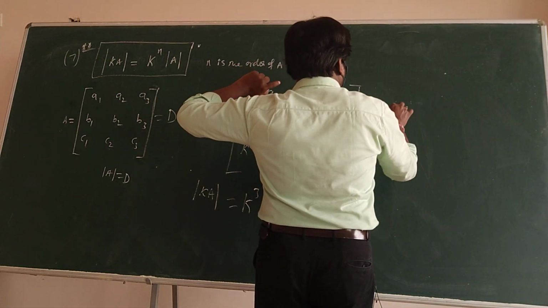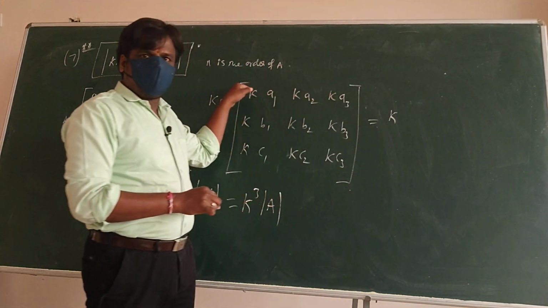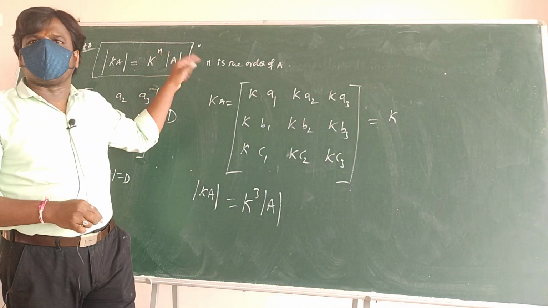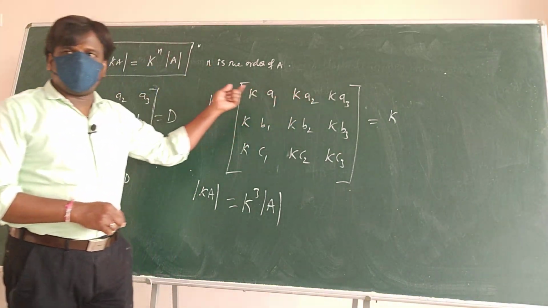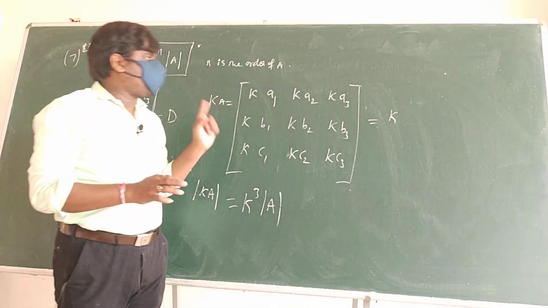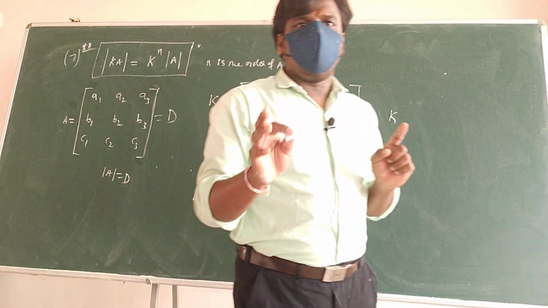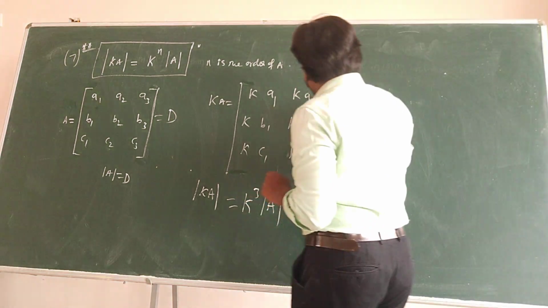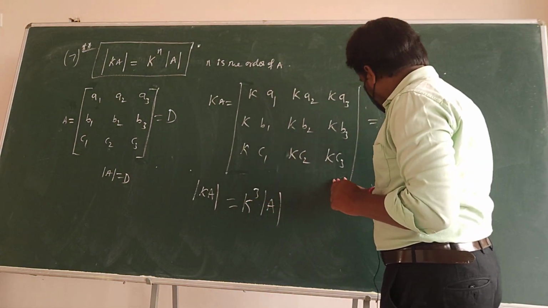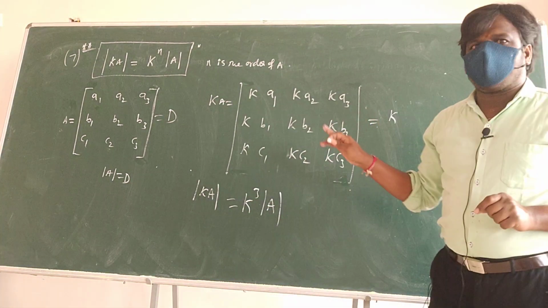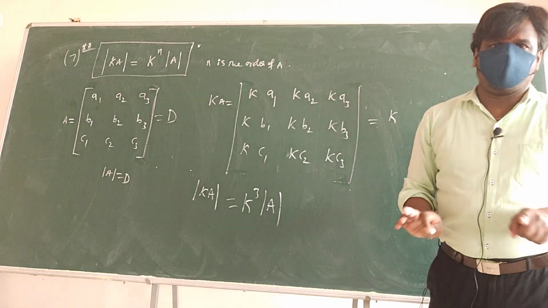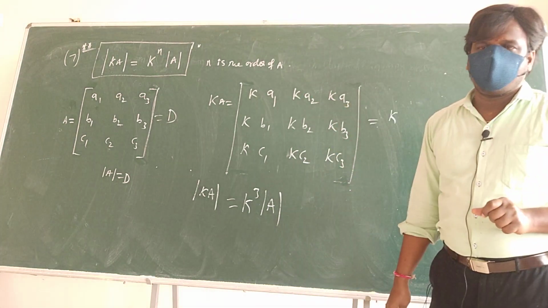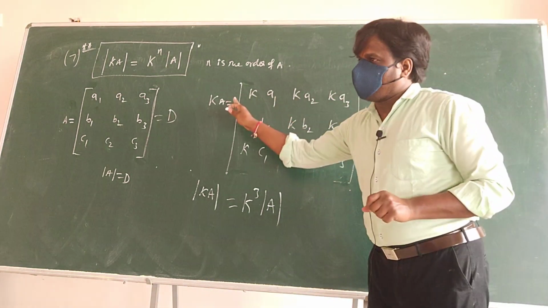When you take common once, you get one K out. From a determinant I can take common any one row or any one column, not all. So one K will come out.